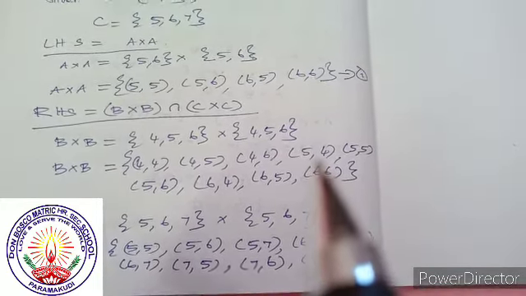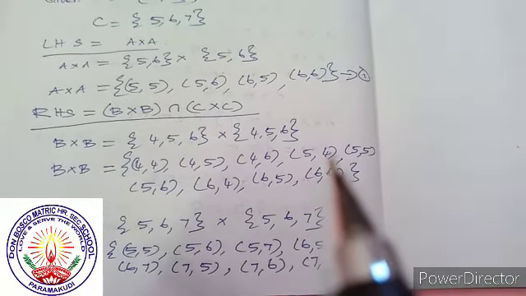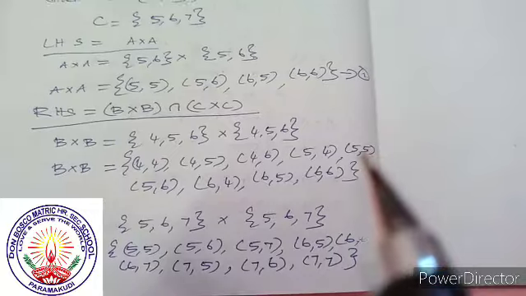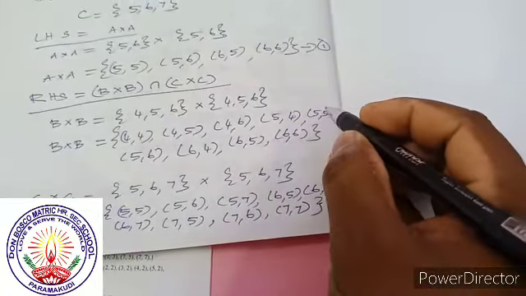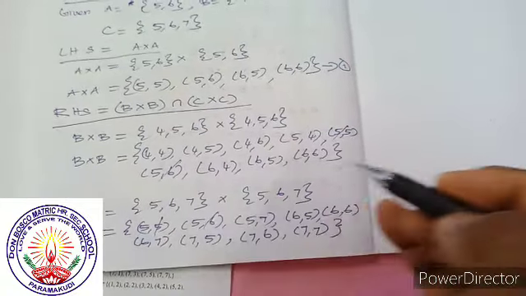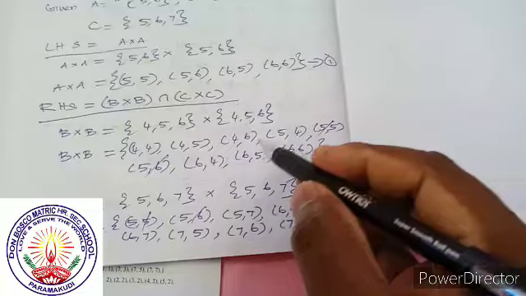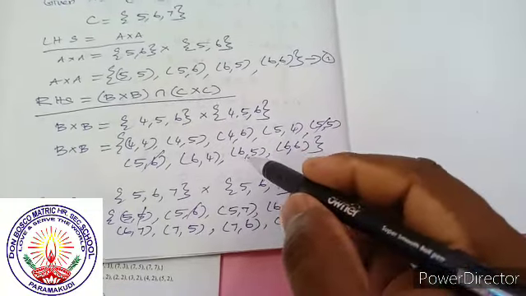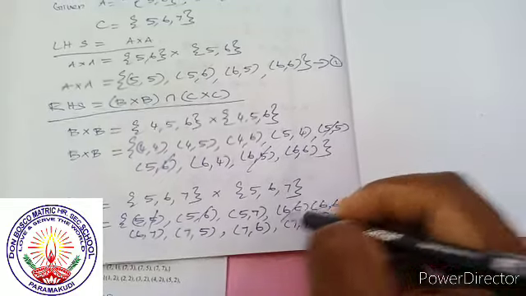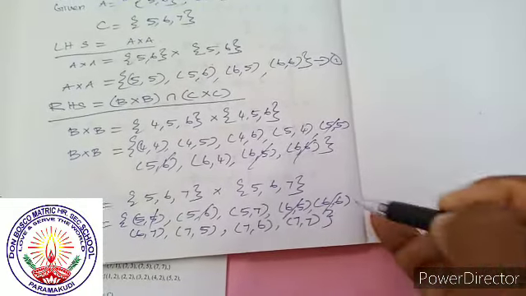So (4, 5) is in B cross B, but here there is no (5, 4). Next (5, 5): the first element (5, 5) is common. Next (5, 6) is also common. (5, 7) is not common. Next (6, 4) is not here. (6, 5) is common, and (6, 6) is also common.